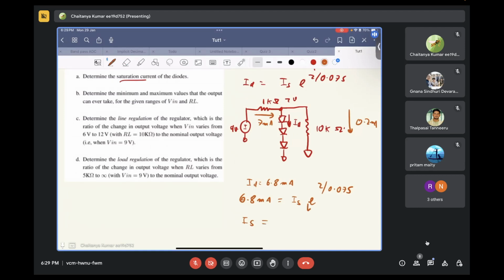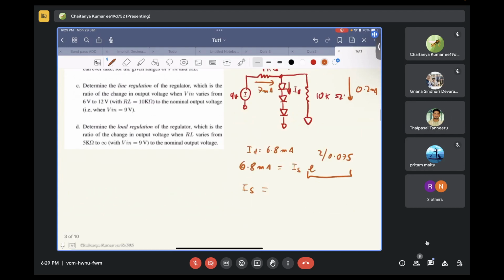Can anyone quickly calculate this particular value? Sir, 3.812.